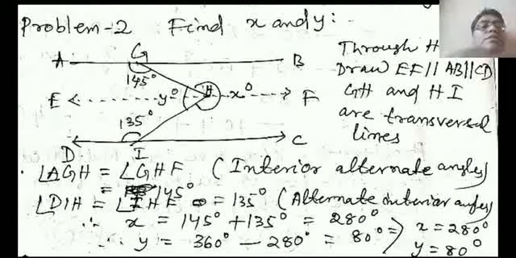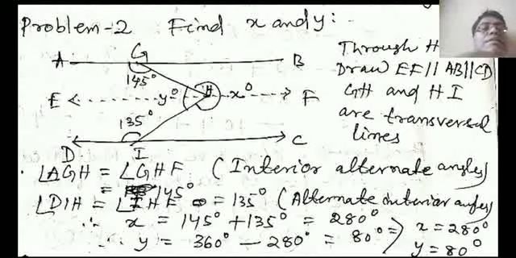For that, a construction is required. You draw line EF through H such that AB is parallel to EF, which is parallel to CD. By doing so, you get two transversals, GH and IH. From the first transversal, angle AGH is equal to angle GHF.